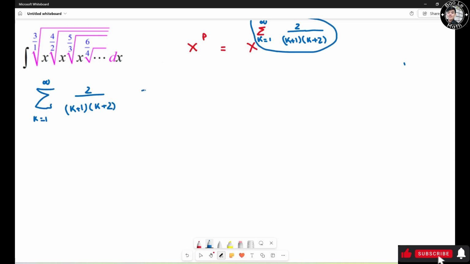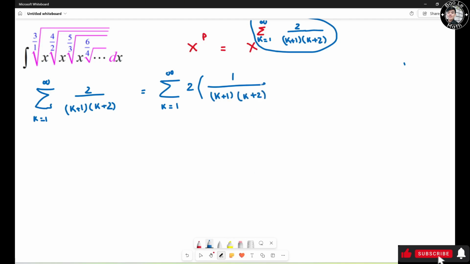I can bring the 2 to the front. It's the sum when k goes from 1 to infinity of 2 times 1 over k plus 1 times k plus 2.